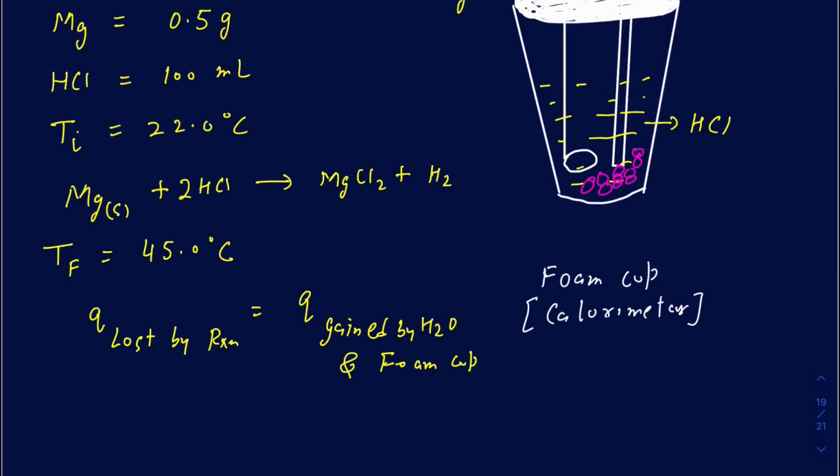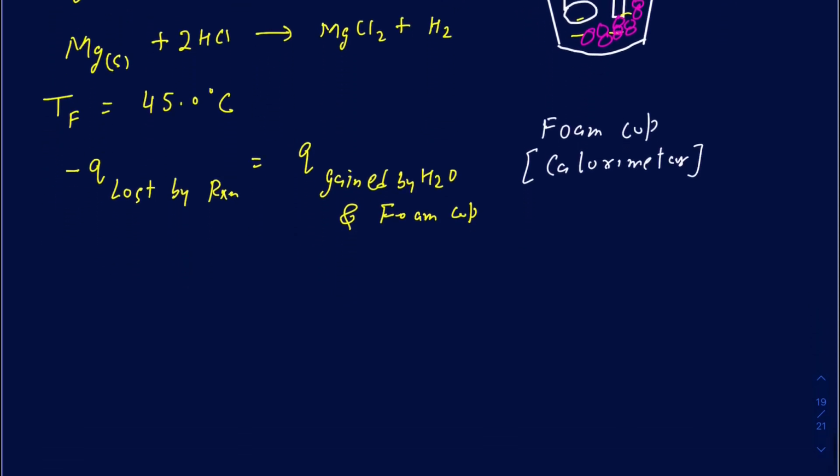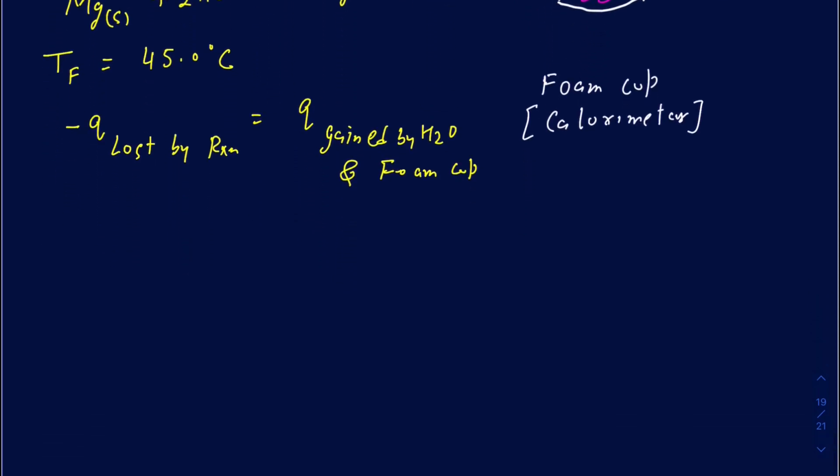Okay, so since it's heat lost, I can just put a negative sign there. Now again, a negative sign just means you're losing the heat, but at the end of the day, what's more important to know is this particular reaction is an exothermic reaction. So if you have an exothermic reaction, when you find your delta H, it's going to come out to be a negative number.